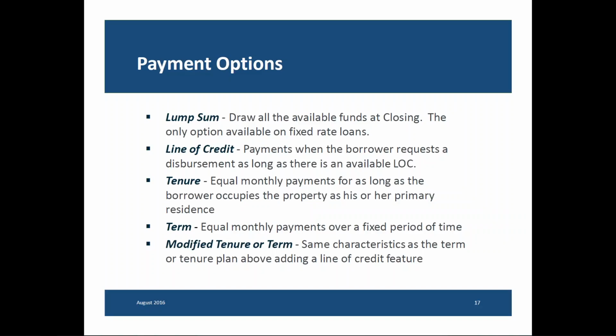Well, they could set that up for the next 3 years where they're going to be getting the payment for that fixed period of time, and at the end of that 3 years, they no longer receive those payments. Modified tenure or term, same characteristics as a term or tenure plan above, but it also adds a line of credit feature as well.